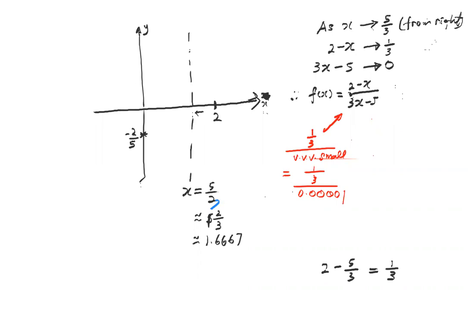So it will approach. In 1/3, there are how many 0.0001? There are many, correct? So this one become very, very big. So it will approach infinity.